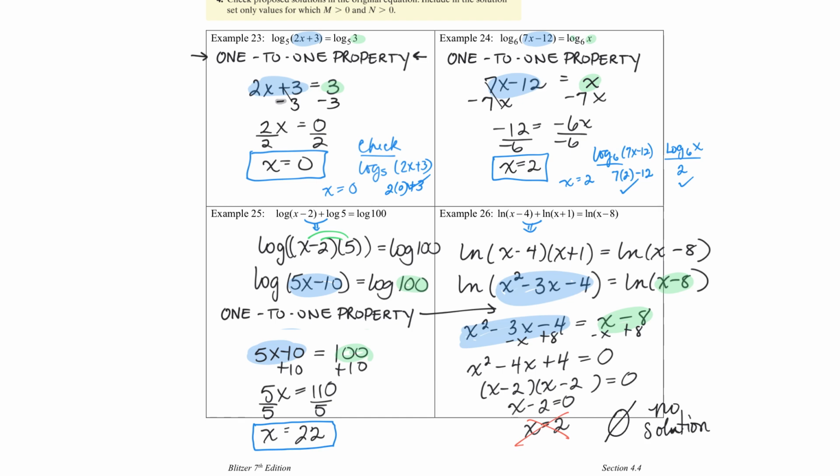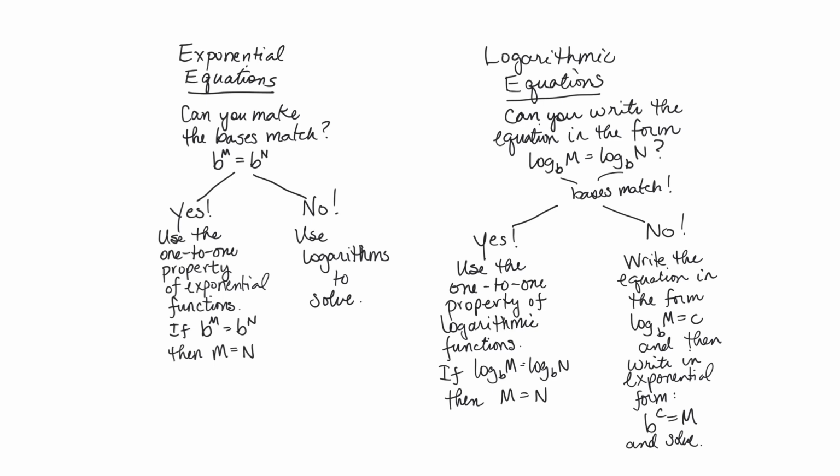And that is certainly one possibility when dealing with logarithmic equations, right? You could end up with valid solutions, you could end up with no solution at all, but you have to check.